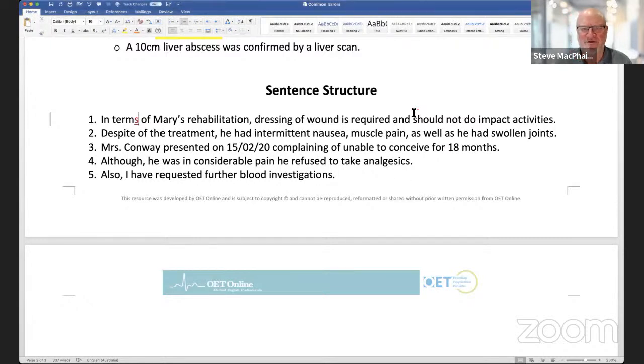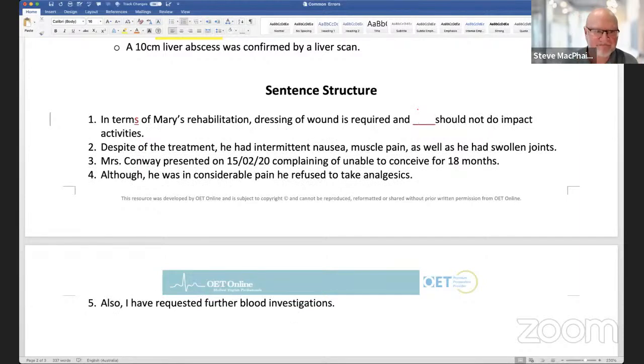So what can we put here, everyone? What's the missing word? We're missing a subject there, aren't we? Anyone know? Good, Cosmos, in terms of. Good, Abdul Razak, impact activities should be avoided.